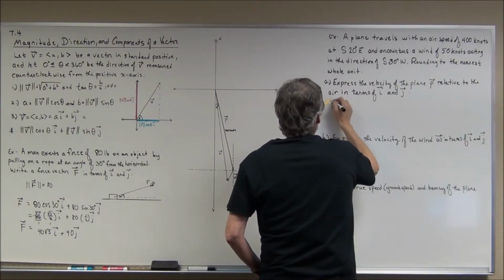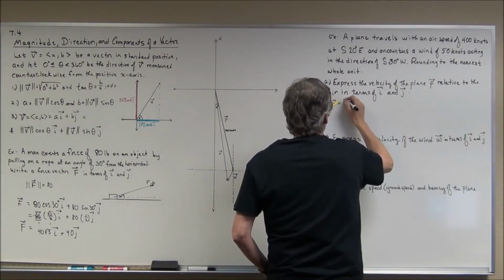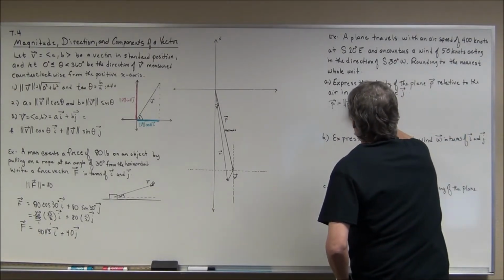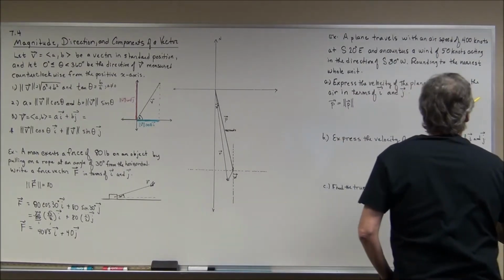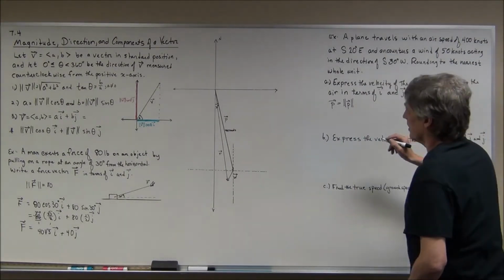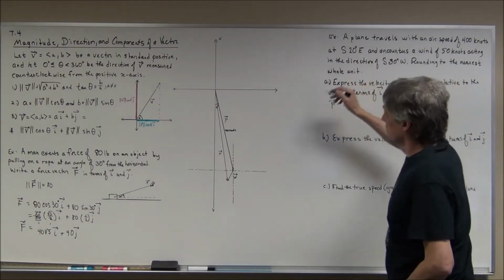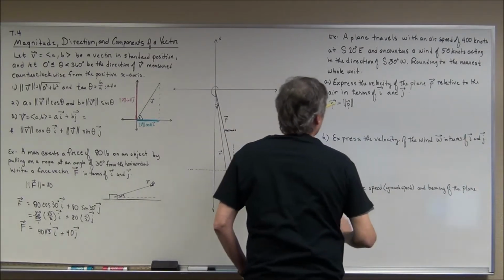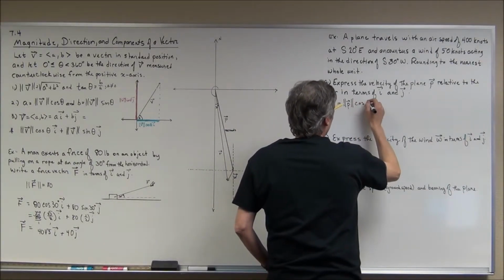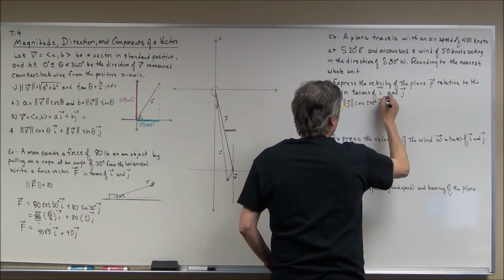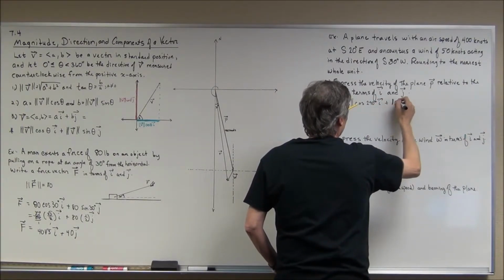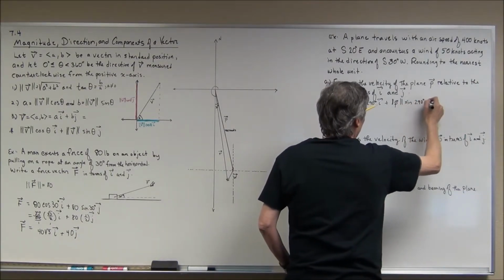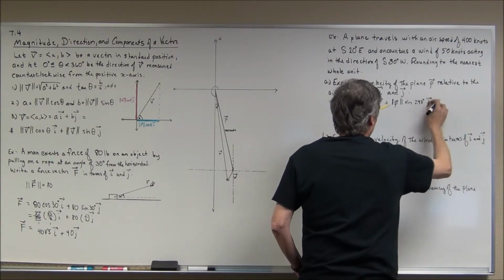So vector P is going to be the magnitude of vector P times the cosine of the angle. Now, what angle am I dealing with? Since it's this angle here and this is 20, that angle is 290. So this is going to be the cosine of 290 degrees I plus the magnitude of vector P times the sine of 290 degrees times vector J. Hopefully you can see that okay.